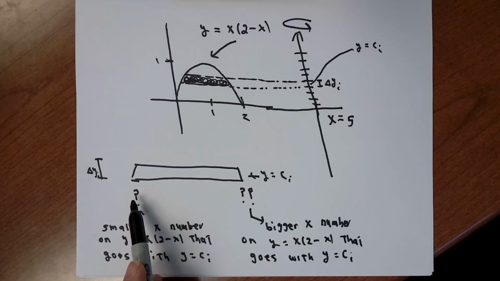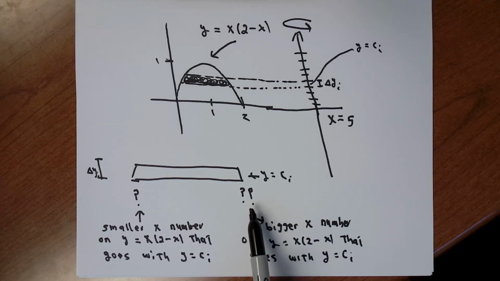This x number, question mark, is going to be the smaller of the 2 x numbers on the graph y equals x times (2 minus x) that goes with y equals c_i, whereas this x coordinate is the bigger x number that goes with that same graph at y equals c_i.